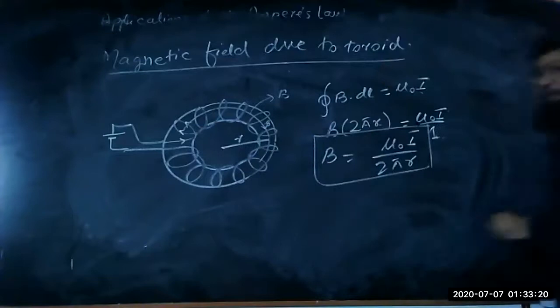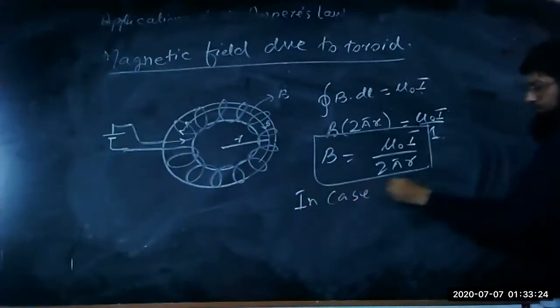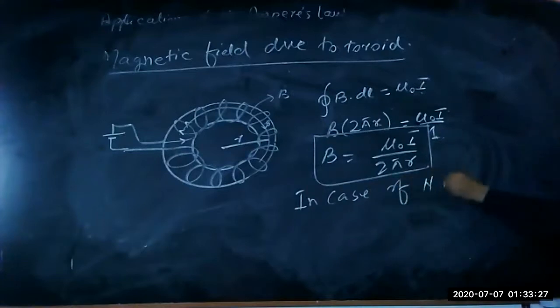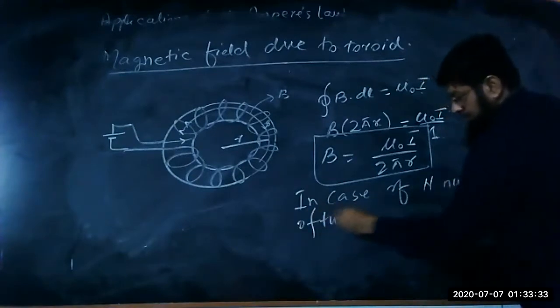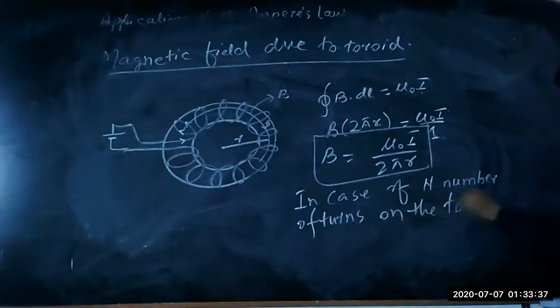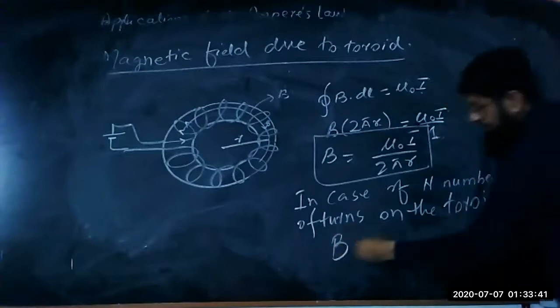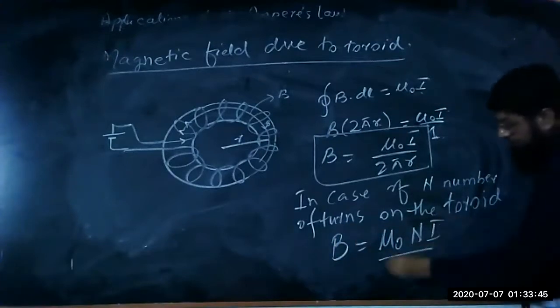In case of n number of turns on the toroid, the B is equal to mu naught, n is multiplied with this, into I upon 2 pi r.